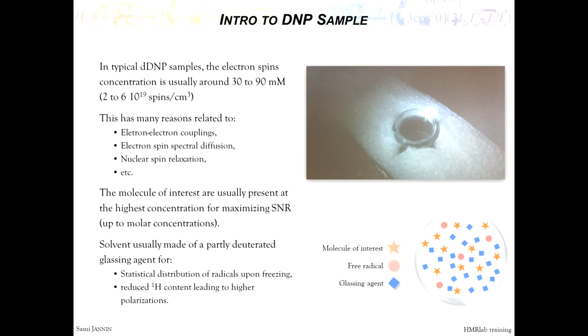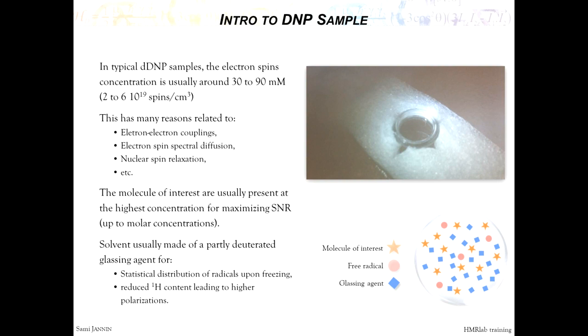The molecules that we want to polarize, usually we put them at the highest concentration we can. And the solvent is usually partly deuterated, and it has some glassing properties. This is for having a statistical distribution of the radicals. When we freeze, we want a glass, as we said. And also we deuterate because we want to reduce the content of protons.